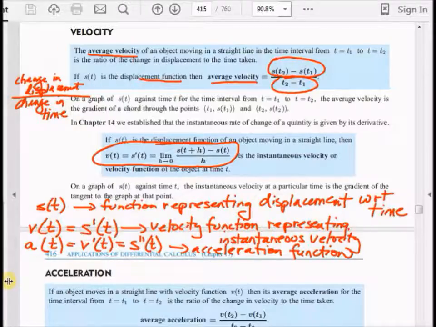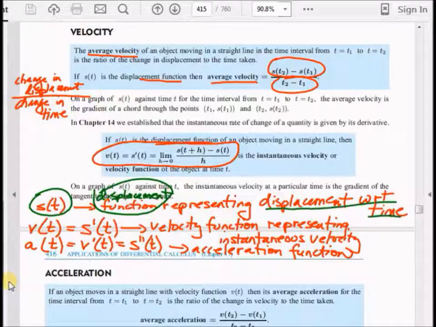Just to recap once more, S of t is the displacement function. It represents displacement with respect to time. The velocity function is the derivative of the displacement function. It represents instantaneous velocity.